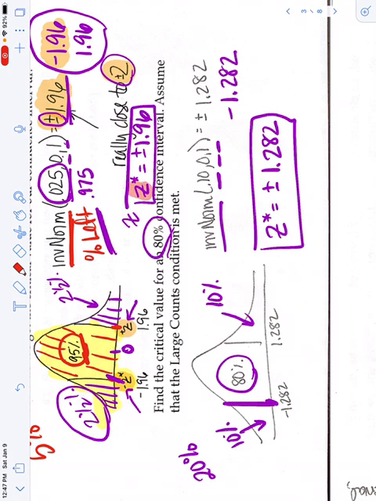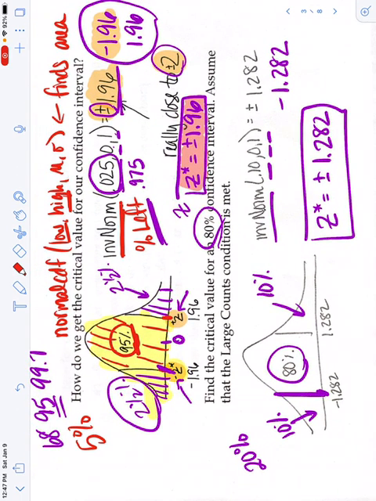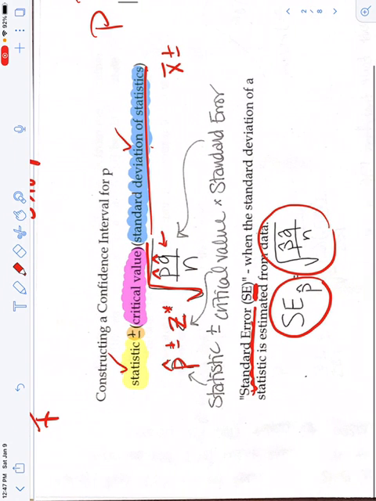But this is your Z star if you want to be 95% confident. So these are both critical values that are going to go here. It just depends on how confident you want to be, and the problem will tell you.